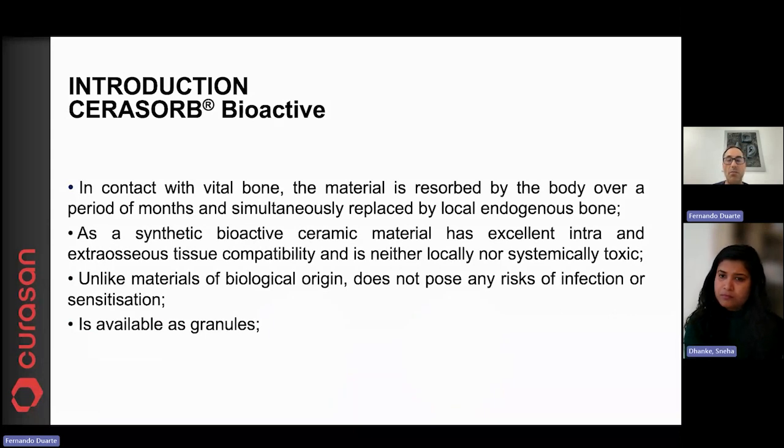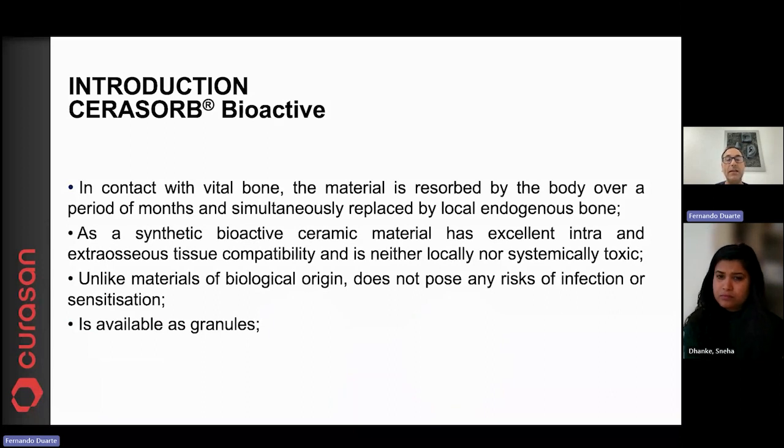That is why macrovascularity around our biomaterial is so important, and we must avoid contamination of our biomaterial with saliva, which means that we should close our wounds very well with stitches after the surgery.